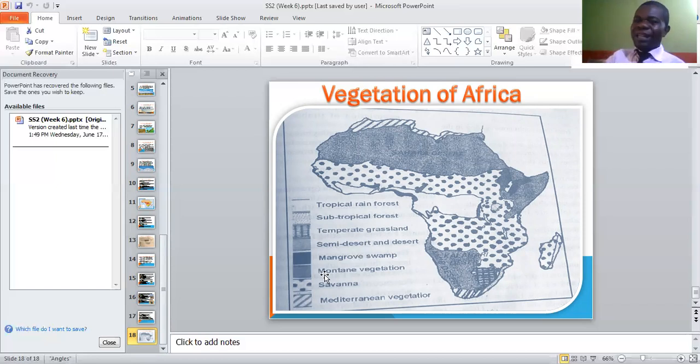This is the mountain we have just discussed. Then this savanna, this region of savanna vegetation. Then Mediterranean vegetation, what you are seeing here. These are the vegetation of Africa that you can see.